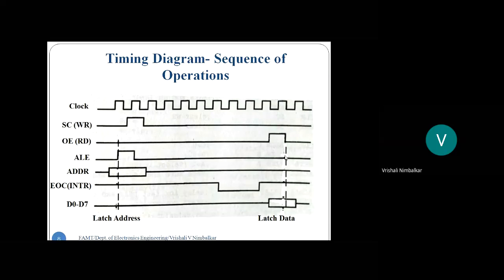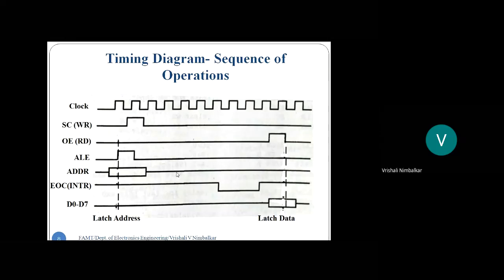So the read operation is to enable OE, output enable. Activate the OE signal, wait for certain time, and then read the data. This is where the microcontroller will read the data. Once the data is read, disable OE. So this is the sequence of operations that we need to do.